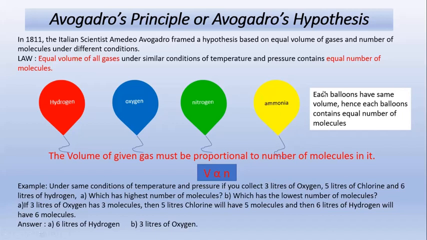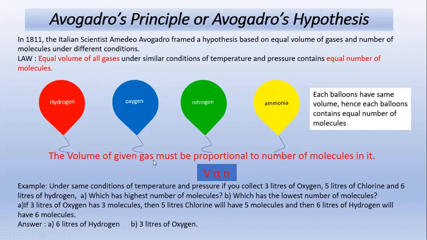Remember, each balloon has the same volume. Hence, each balloon contains equal number of molecules, provided all these measurements are made at the same conditions of temperature and pressure. So what we can finally conclude: the volume of a gas has some relation with the number of particles.